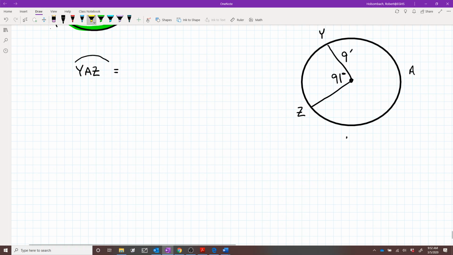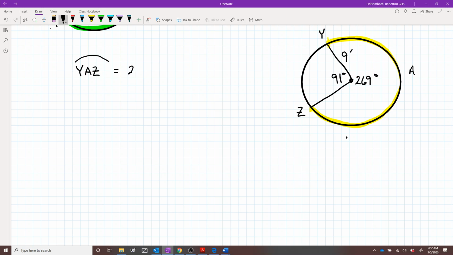This is a major arc, starting at Y, going through A, around here to Z. So you have to do a little math to get this central angle for YAZ. You take 360 and subtract the 91. This central angle is 269. That's the central angle that corresponds to arc YAZ.